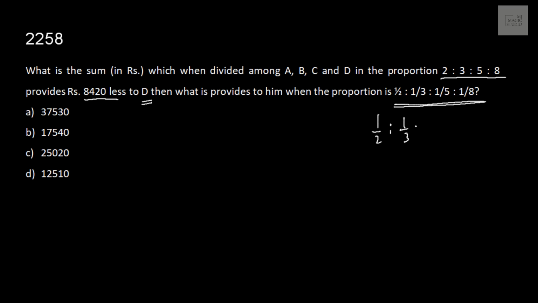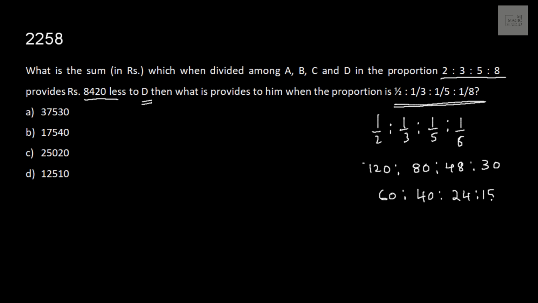Half is to 1/3 is to 1/5 is to 1/8. 3 into 5, 15. 15 into 8 is 120. 2 into 5, 10. 10 into 8 is 80. 2 into 3 is 6. 6 into 8 is 48. And 2 into 3 is 6. 6 into 5 is 30. Okay, this would be 60, 40, 24, 15.